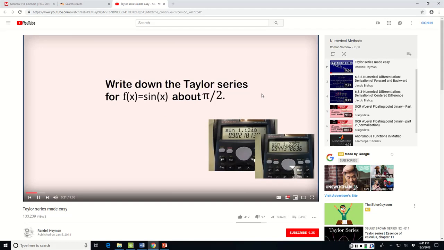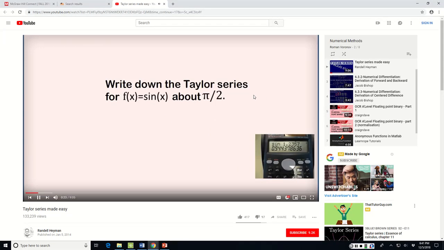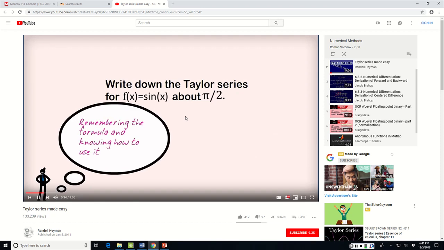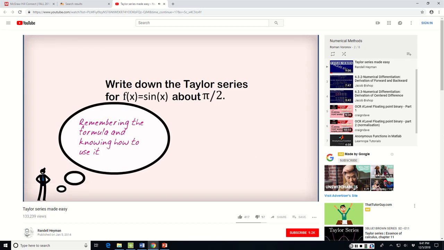What is needed is a formula, and Taylor series gives us that formula. Since Taylor series is a formula, most of the work in giving a solution to the exam question is in remembering the formula and knowing how to use it.